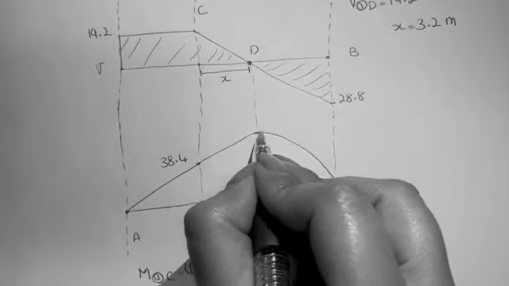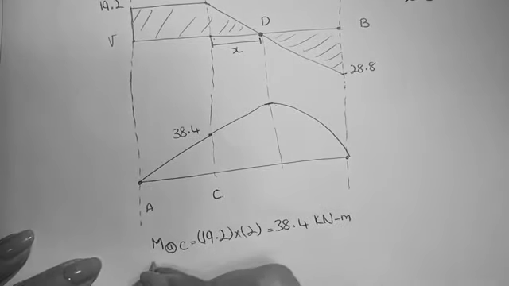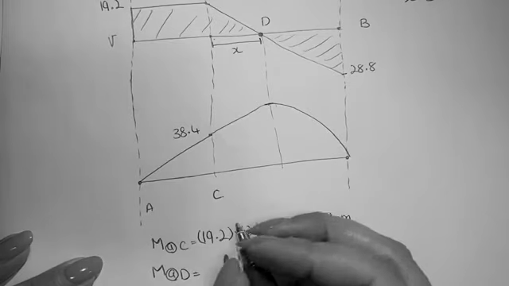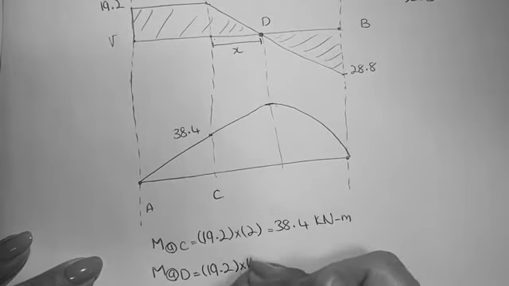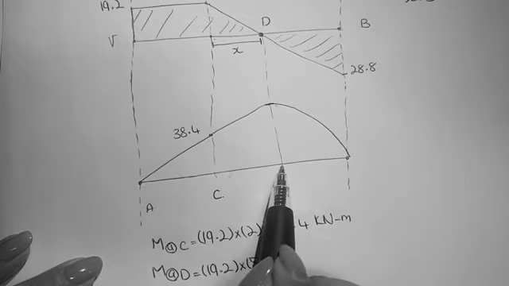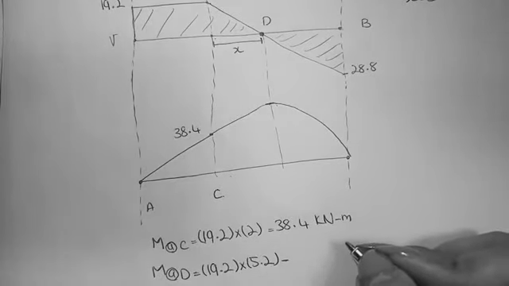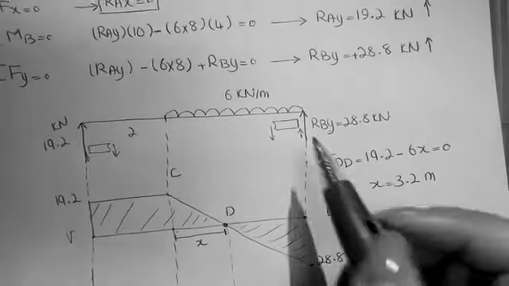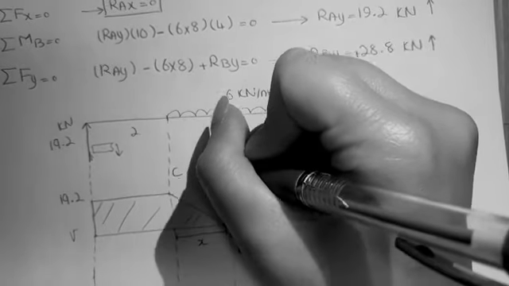And if you're interested to calculate the value here, for example, M at point D, we have 19.2 times 5.2, because this distance is 2 and this x was 3.2. And you also have to calculate the bending moment as a result of this distributed force.